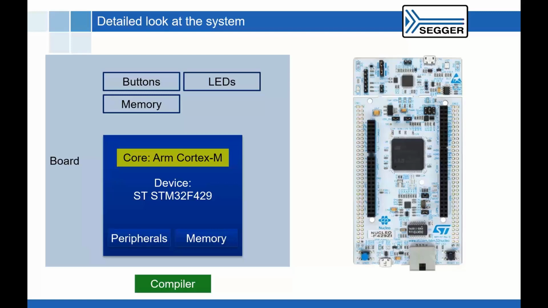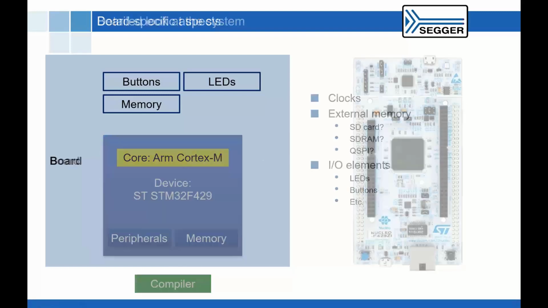You have obviously the board itself. You have the core, which in this case, let's say the device that was chosen is an STM32F4. So that means you have your device set, you have your core set, which is an ARM Cortex-M, and then you have a certain compiler that you're using, like we said.